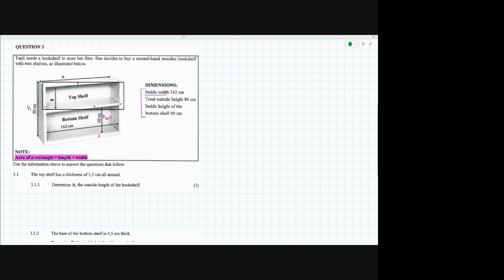It didn't go well, but there it is. And then we've got the inner section of my shelf, with the wood all the way around it. So this border all the way around is 1,5 centimeters thick. If you actually measured it, it'd be 1,5 centimeters.